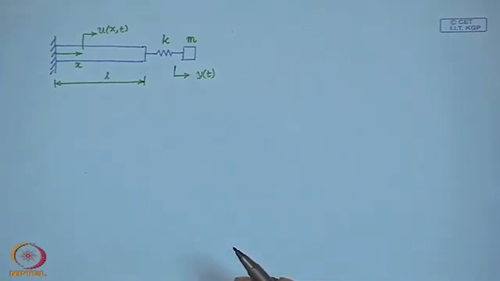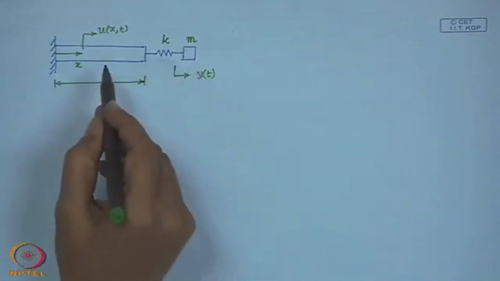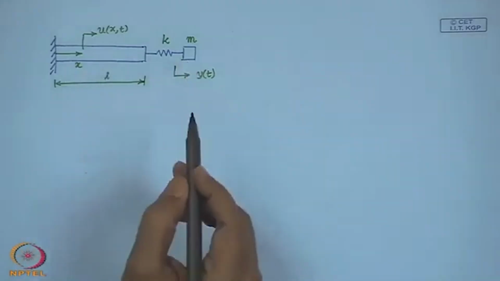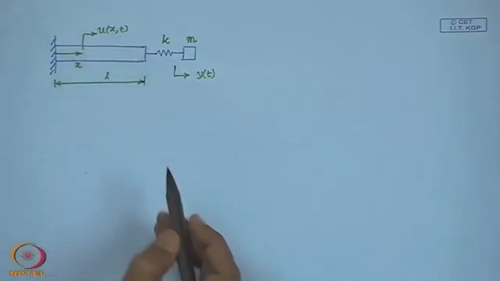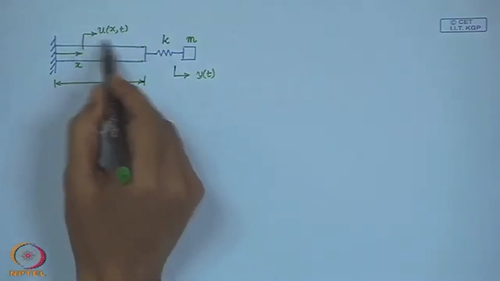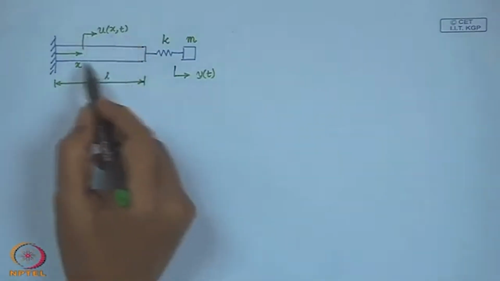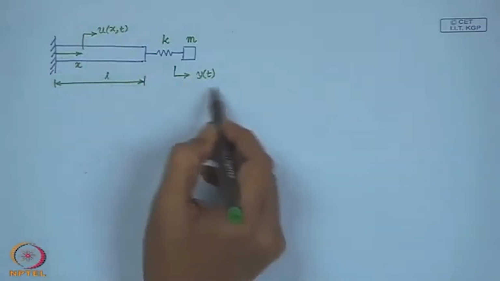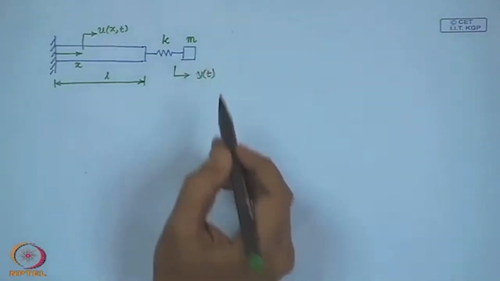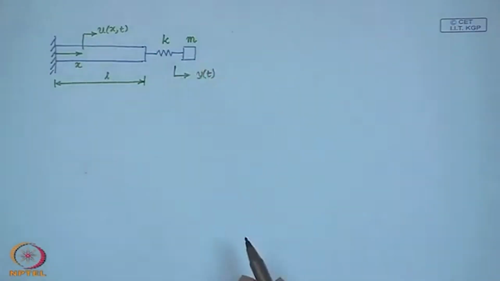So, let us first write down the equations of motion for this system. Now, here you have a bar and this mass. So, you have the field variable which measures the displacement of the material points of the bar, and we have this coordinate y which measures the displacement of this discrete mass m.